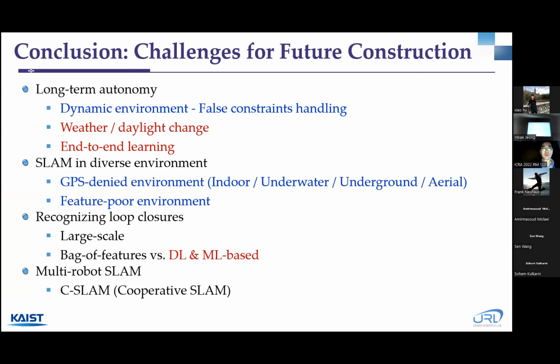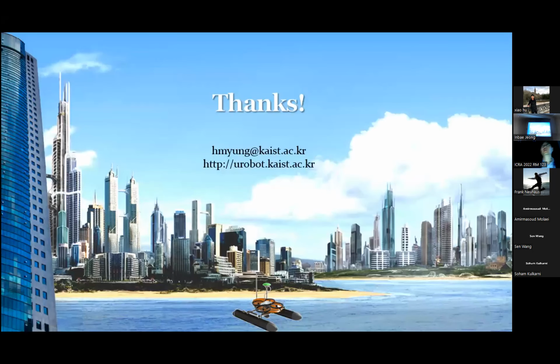GPS-denied environments and feature-poor environments should be dealt with. And we should recognize loop closures for large-scale structures or large-scale areas. We can also use deep learning or machine learning-based approaches. And multi-level SLAM is another good research area for future construction, I think. Thanks for listening. Okay.